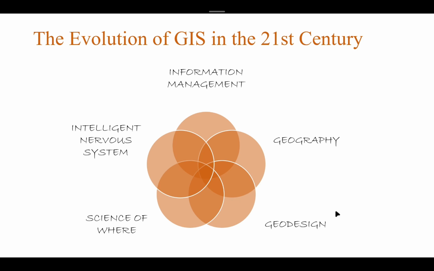So the evolution of GIS in the 21st century, so the information management, back in the 2000s, GIS evolved into a system of information management. For example, ESRI, the company that I had spoken to you about, ESRI developed its RDBMS, that is basically their database management system, or a geodatabase.